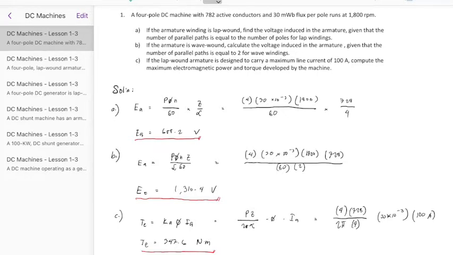We have 65,520 watts, or 65.52 kilowatts. That is the power in terms of watts. That is it for number 1.